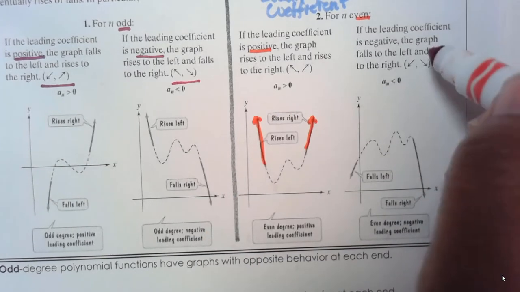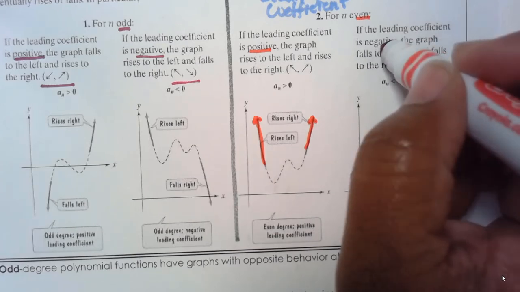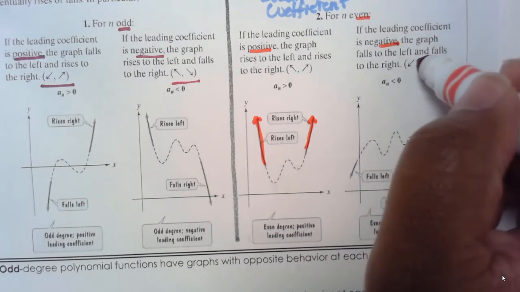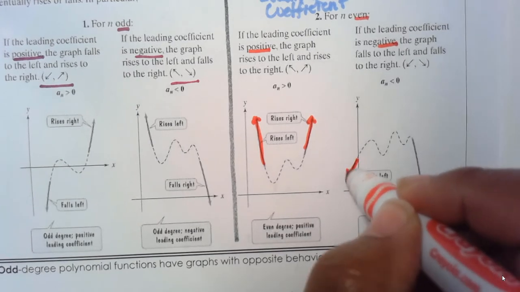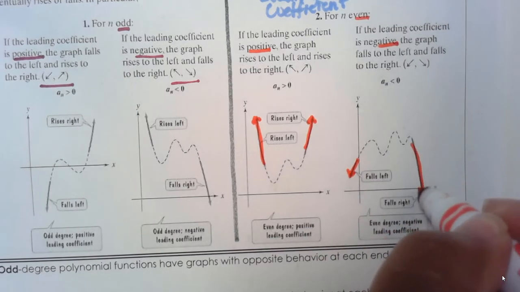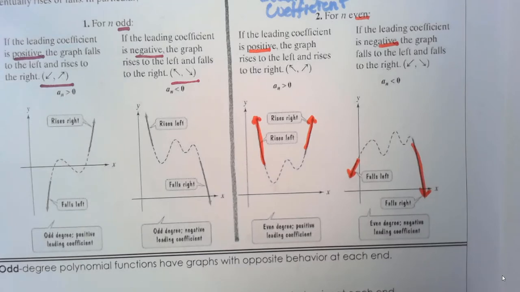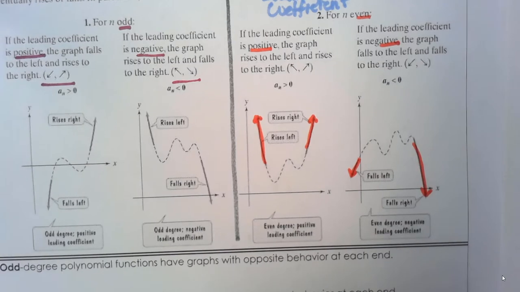Okay. And then if the leading coefficient is negative, the graph falls to the left and falls to the right. So both end behaviors are going to be falling to the left and right. Okay.